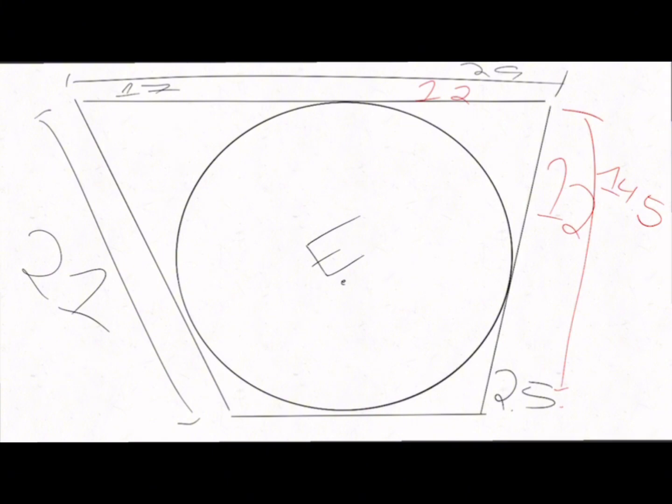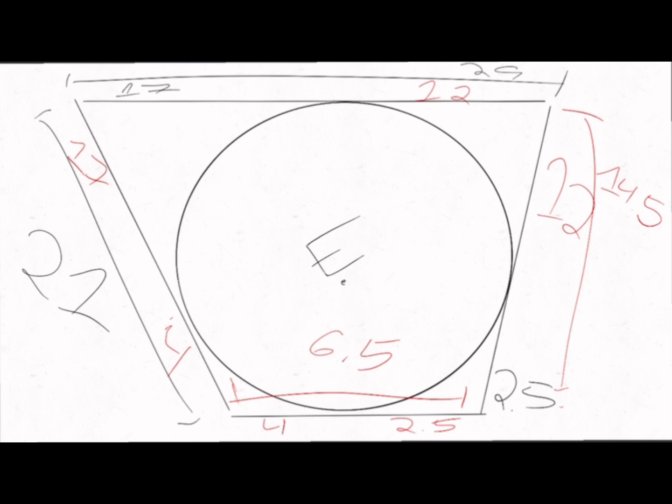Oh, I'm having a mental breakdown. You'd put 2.5 here. 17 goes here, and 21 subtracted by 17 is 4. Would mean this is 4. That would mean this section is 6.5.